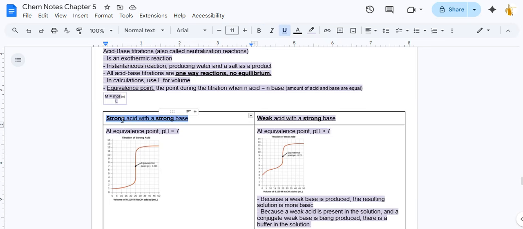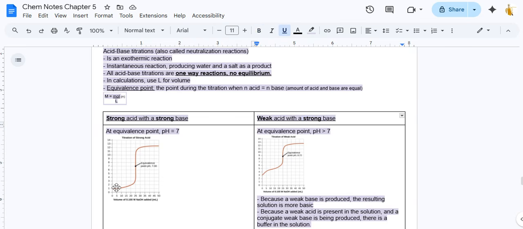This just means you have a strong base in the beaker and you're adding a strong acid from the long dropper thing, which is called a burette, I think. And same thing here, you're adding a weak acid with the burette to the beaker with the strong base.